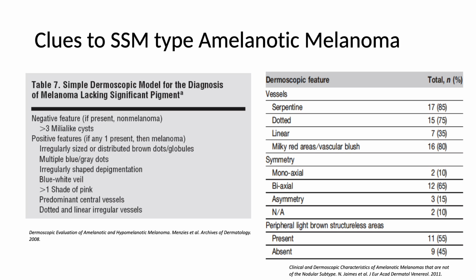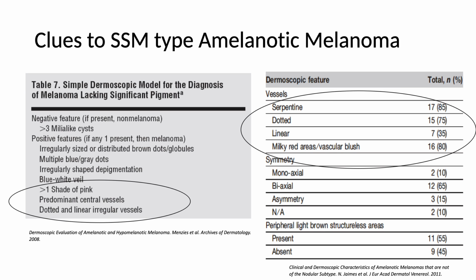So if milia-like cysts are present, it is unlikely to be an amelanotic melanoma. Whereas if irregular vessels or pink color are present, that is an important positive feature that this could be an amelanotic tumor. In both of these studies, there was a predominance of dotted vessels or linear irregular vessels in the amelanotic melanomas.